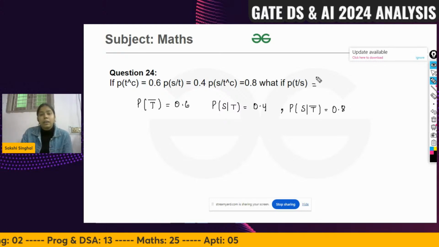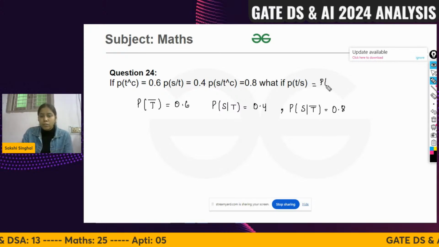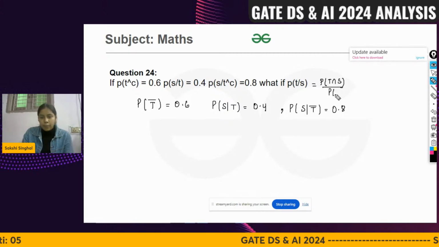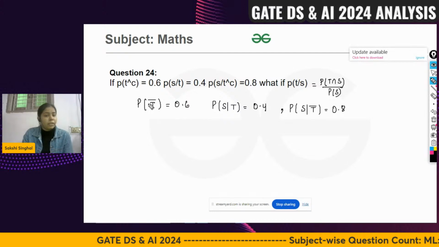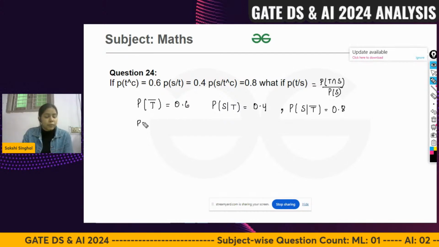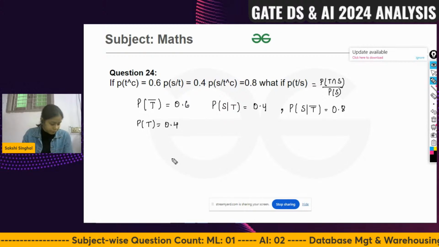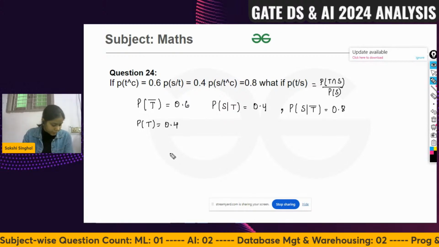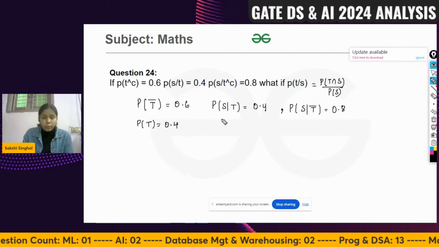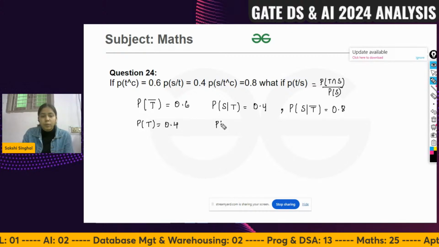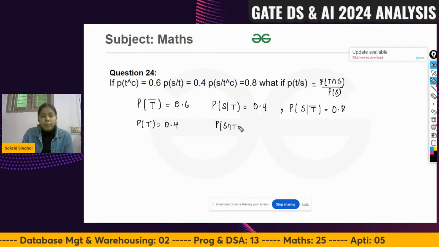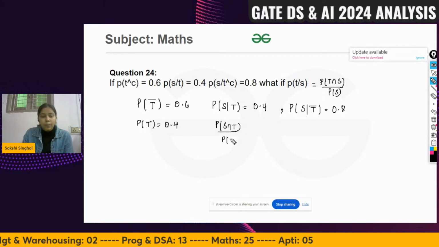So if I try to solve it, what would be my first approach? The answer would be probability of T intersection S upon probability of S. Because probability of T bar is 0.6, the probability of T would be 0.4, right? So what would be the probability of S given T? It would be probability of S intersection T upon probability of T, that is 0.4.